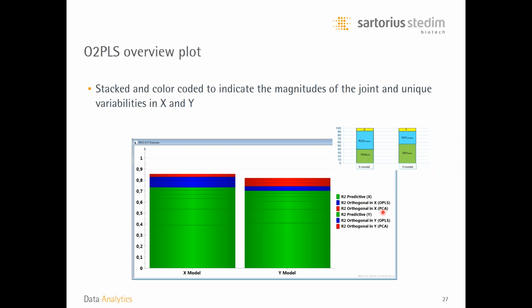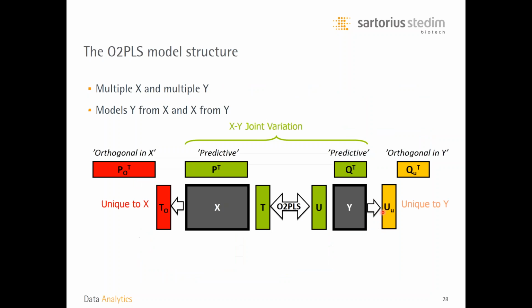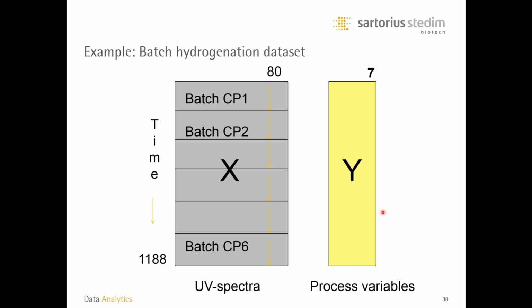And the origin of these orthogonal components is also indicated in the name of the components in the model window that we will come back to.